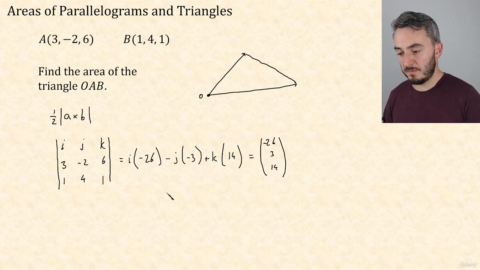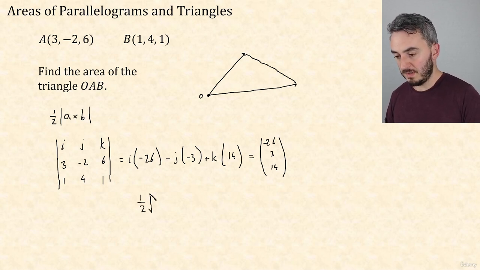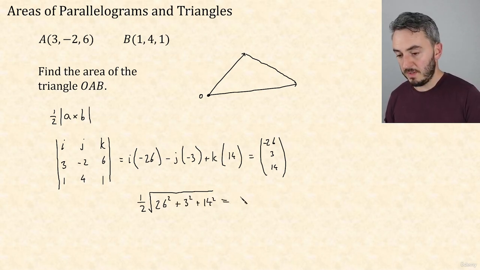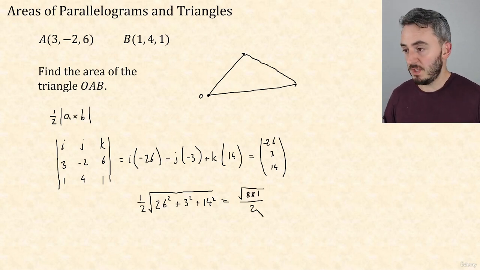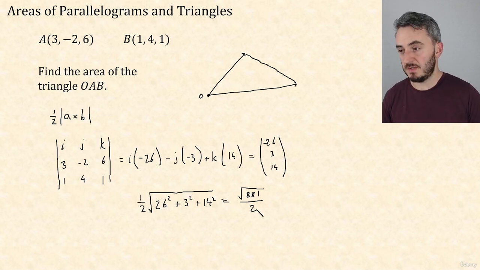So we want half of the modulus of that. So half of the modulus of that is simply half of the square root of 26 squared plus 3 squared plus 14 squared. And in total we get root 881 over 2. So yeah, super simple to find areas of triangles bounded by vectors.